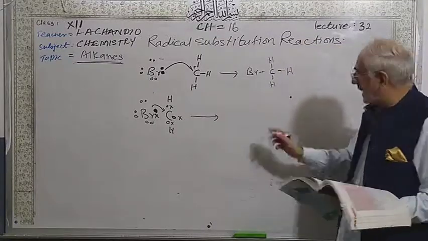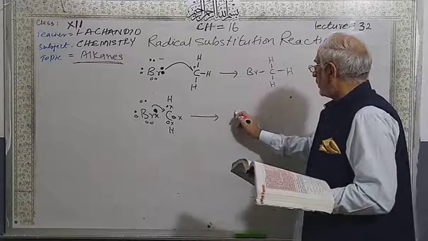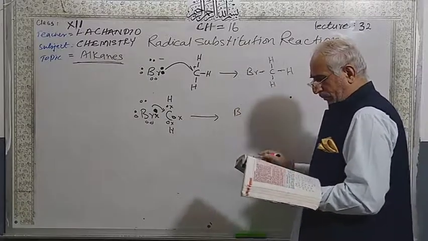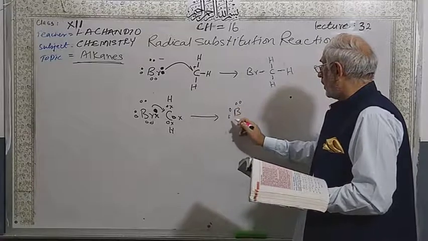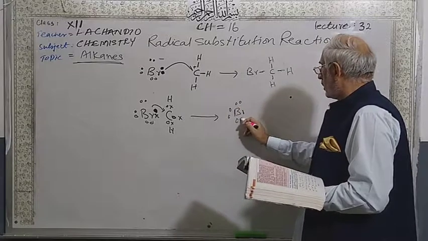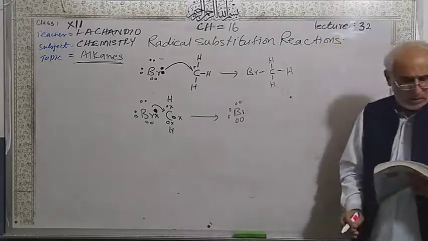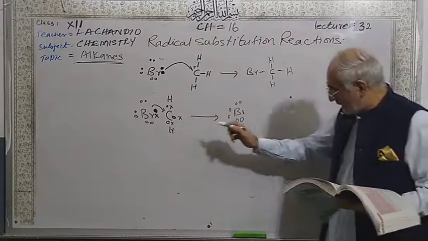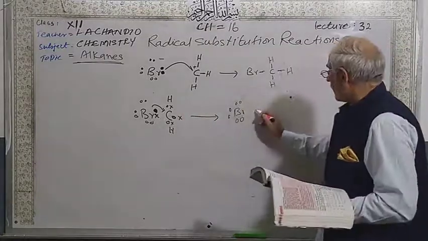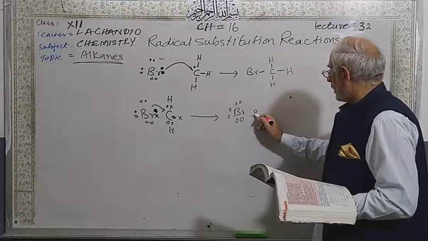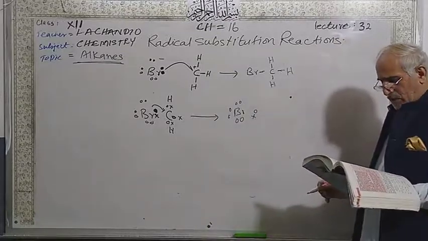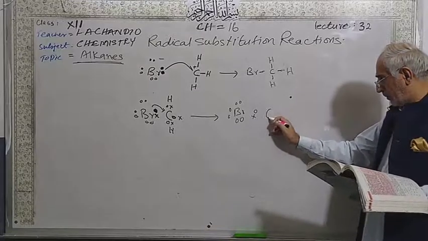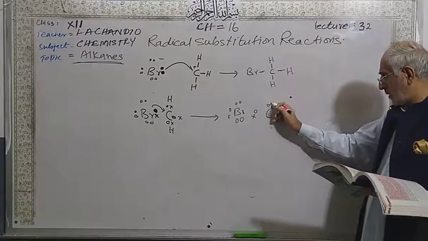So you can see that the bromine is now separated. The bonded electron pair between the carbon and bromine goes like this.